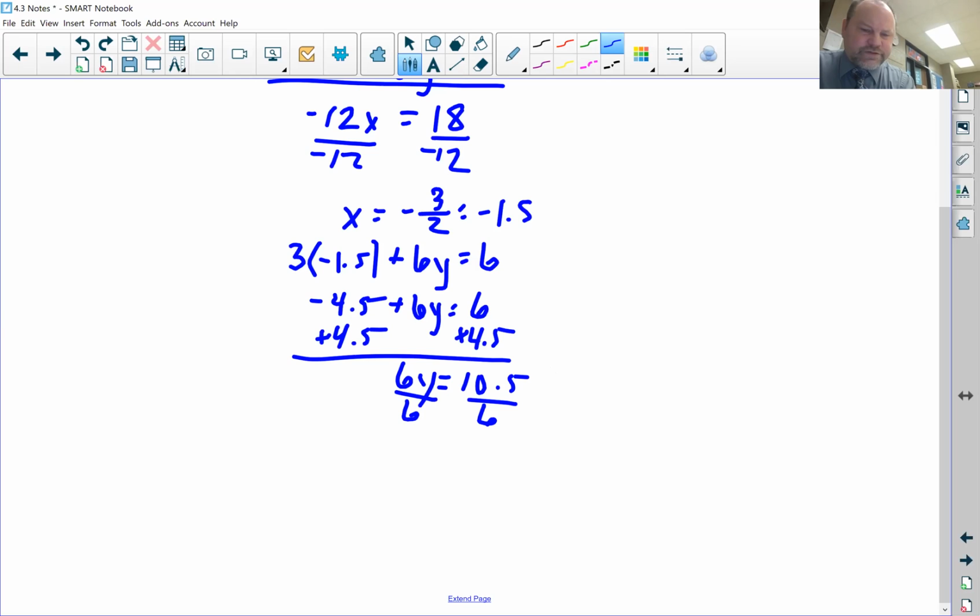Divide by 6. And 10.5 divided by 6 is 1.75.